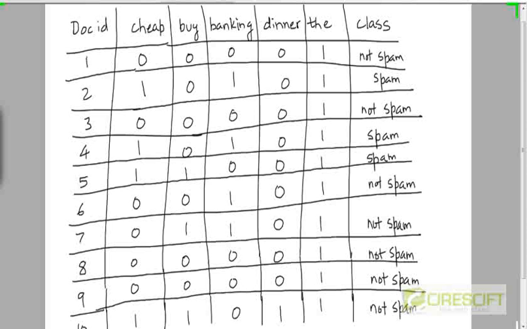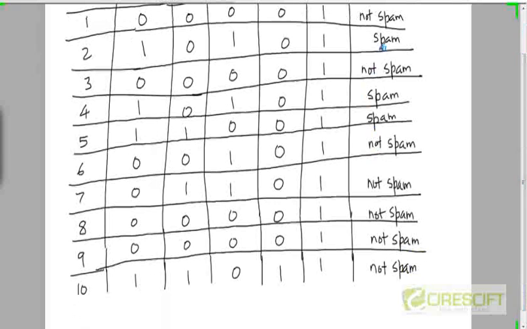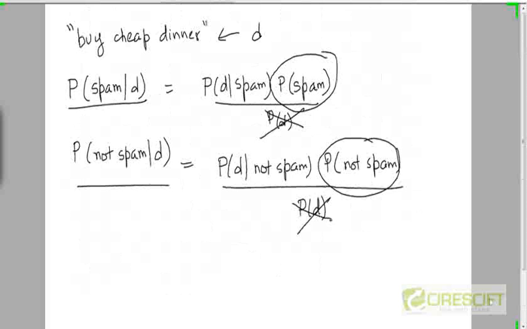So spam is 0.3 and not spam is 0.7, because 3 of the 10 documents are spam and 7 of them are not spam. So this value is 0.3 and this value is 0.7.